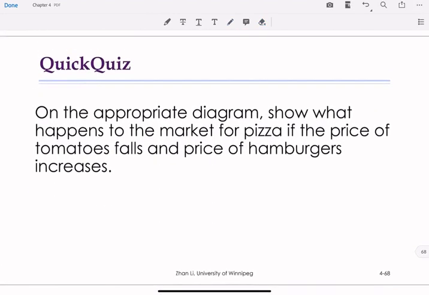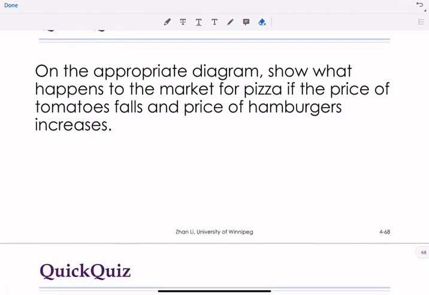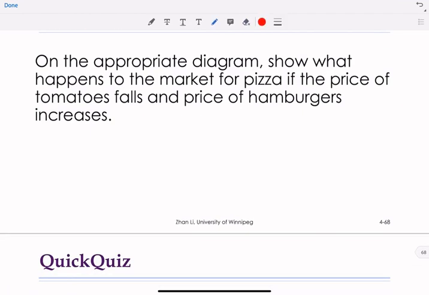Okay, let's see this quick quiz here. On the diagram, show what happens to the market for pizza if the price of tomatoes falls and the price of hamburgers increases. Okay, first let's think about the three-step process, right? Here you can see that the price of tomato falls.